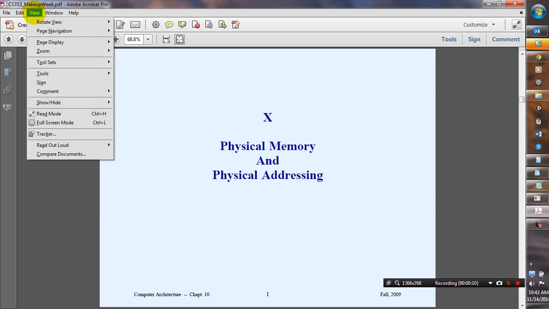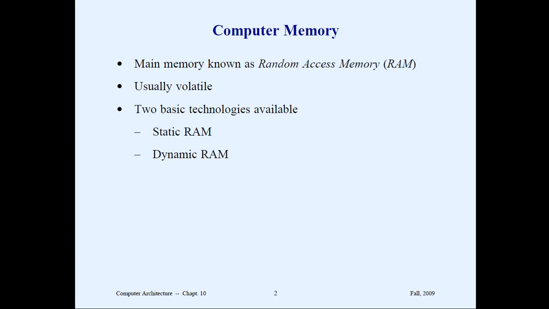So, let me just get this full screen. This is a chapter that covers mainly what we commonly think of as random access memory, RAM. RAM is a volatile substance. In other words, if you turn off the power or something like that, it goes away.